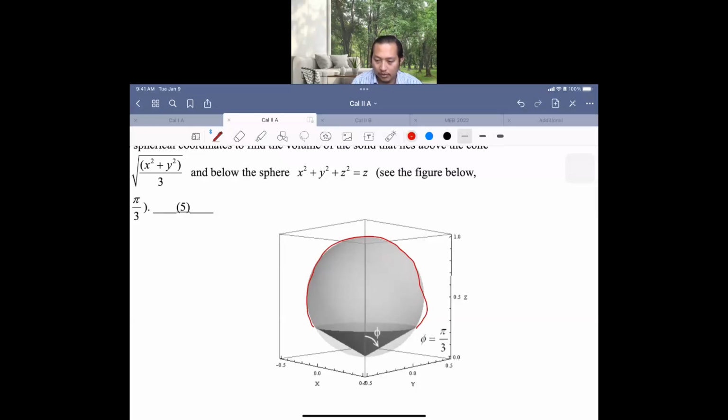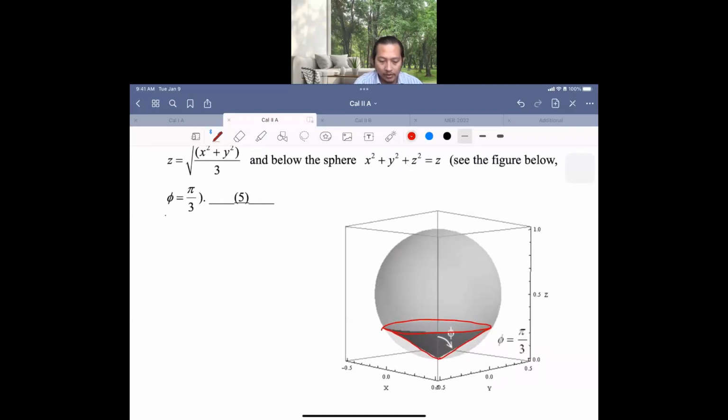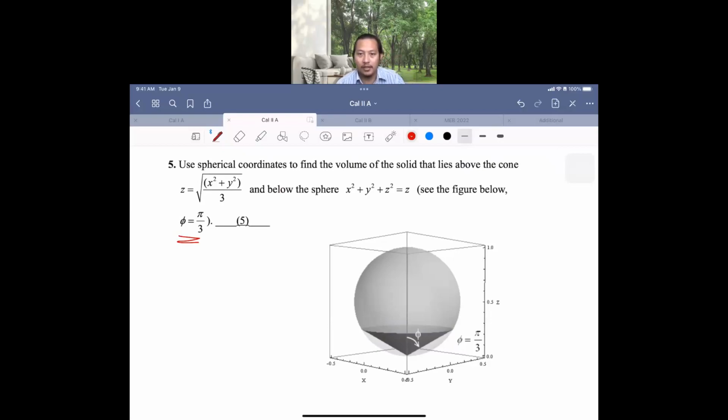And then you have the cone, here. It's given the angle, and this angle here is pi over 3. Let me give you some time to think and try to find it. It's a little bit complicated, right?